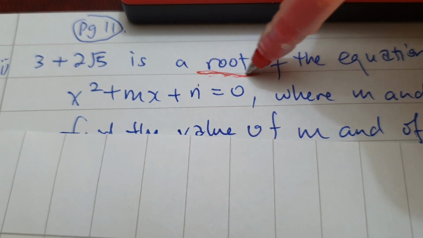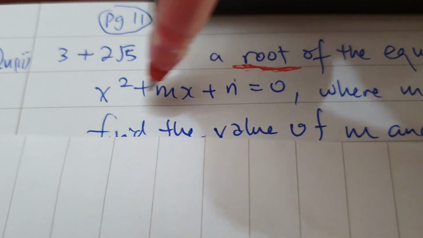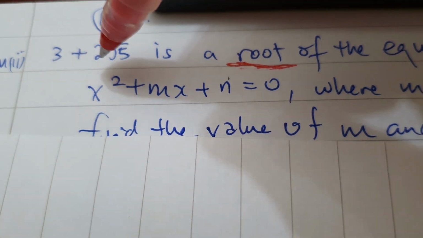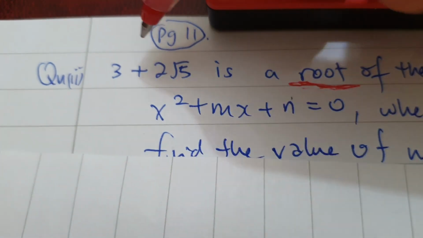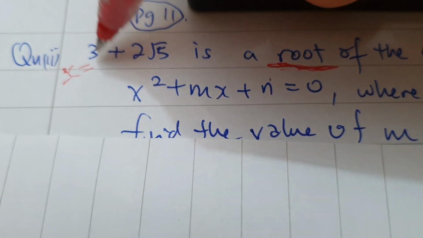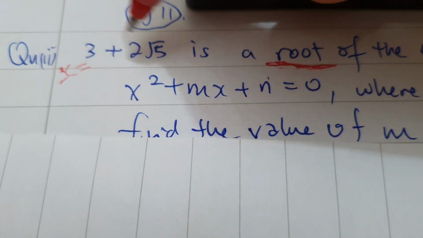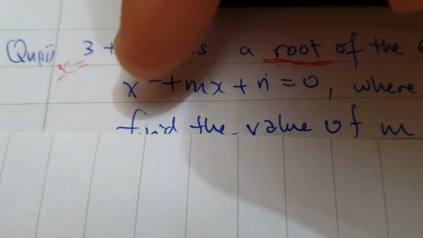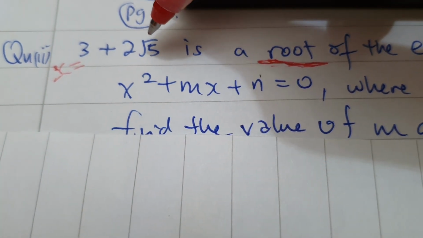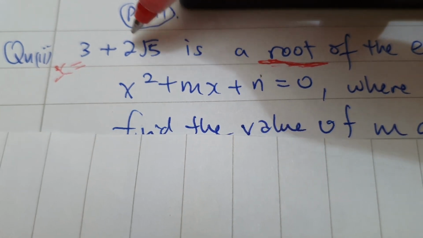So if this number is a root, then when you sub this number, that means x equals this whole thing. In E-maths it's all very nice numbers, right? But now because you're taking A-maths, the only additional part is that there is a surd here.